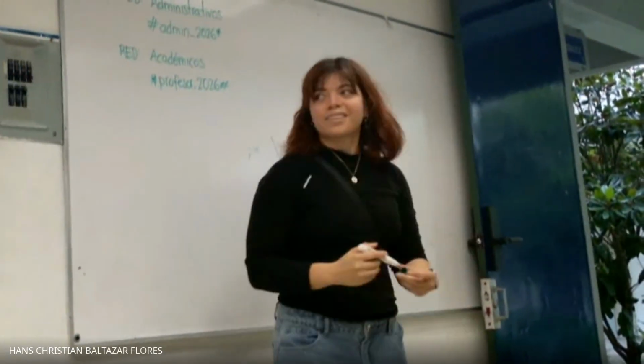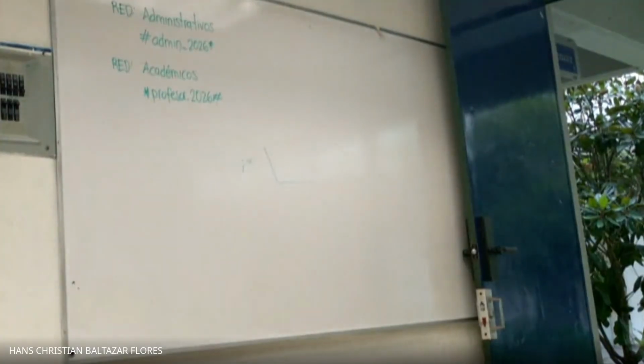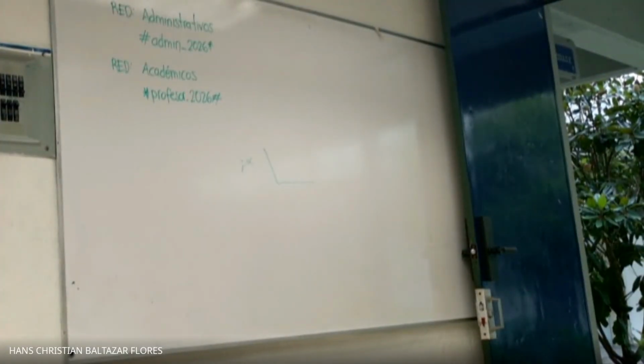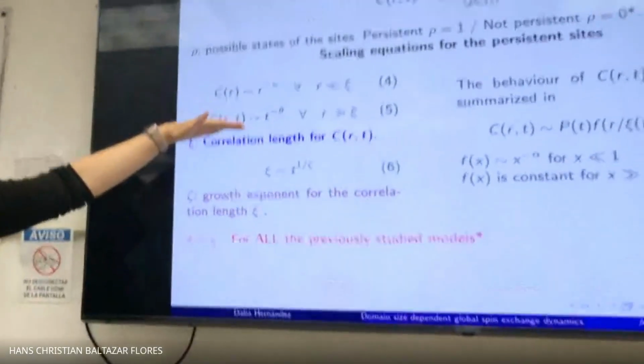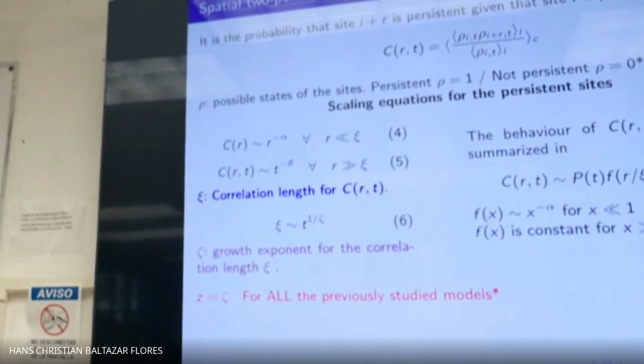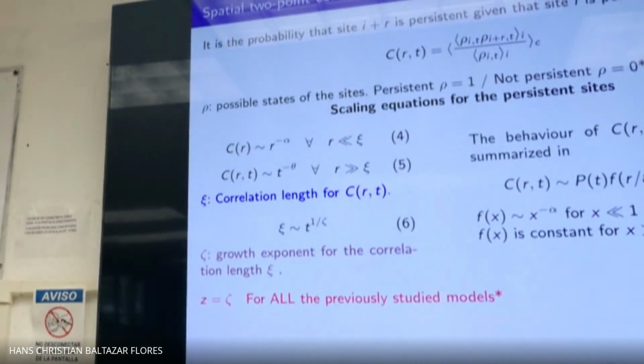I need to see that slide. Okay, so the two-point correlation has two behaviors. One when it decays as a power law and when this saturates, because we have finite systems. It comes from the two-point correlation.